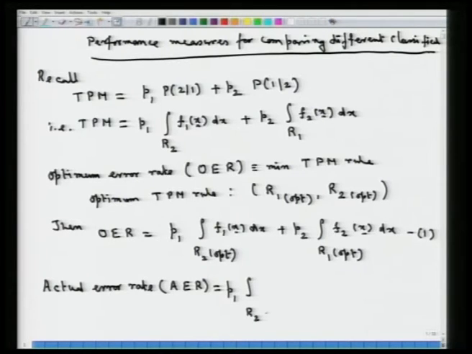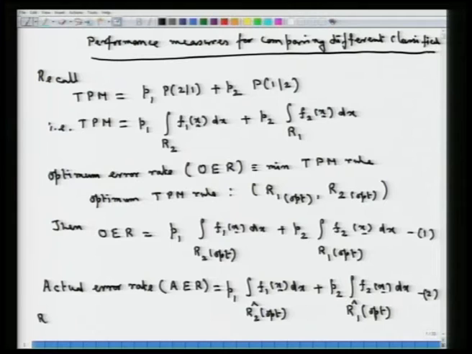Now, this is given by the following expression: instead of writing R1 opt and R2 opt, we write R1 opt hat and R2 opt hat, that is, the estimate of that particular region based on the given sample data in the learning sample. So, the integral is over R1 opt hat of f2(x) dx. This is a measure.